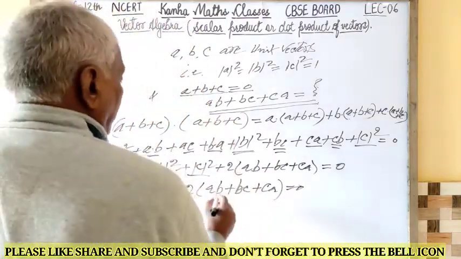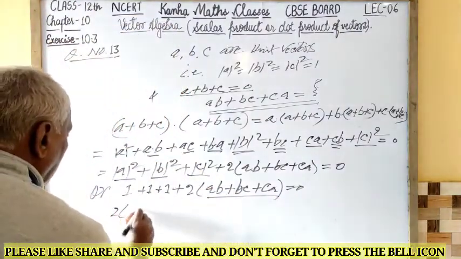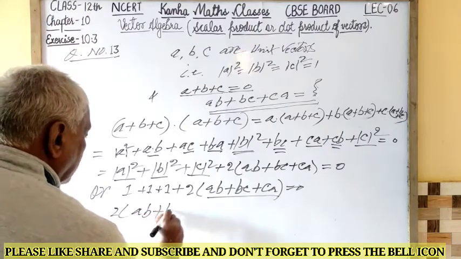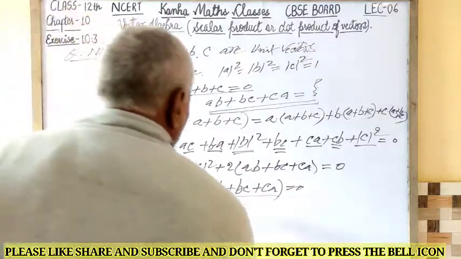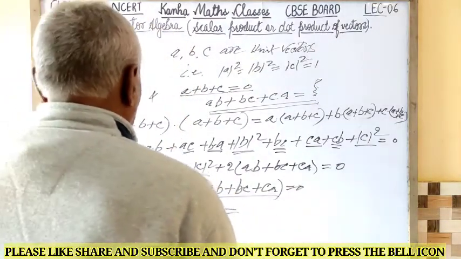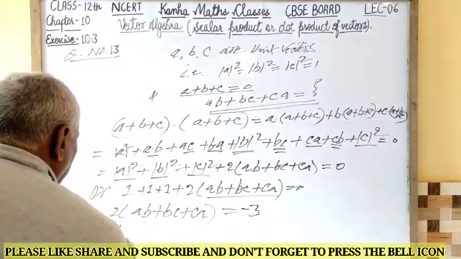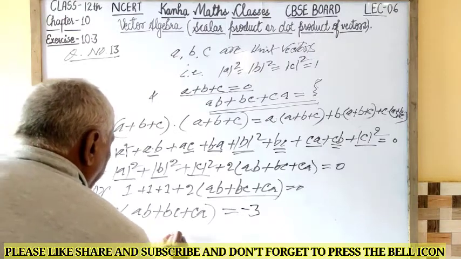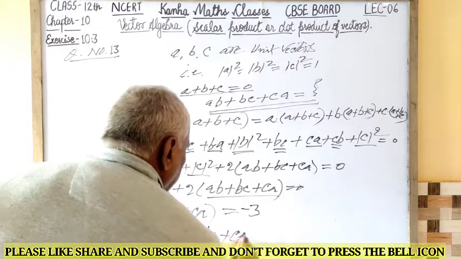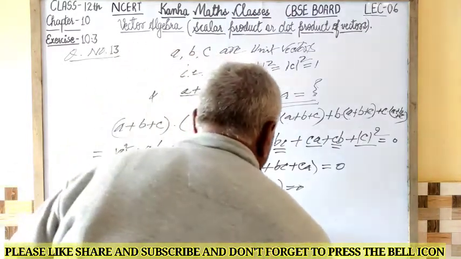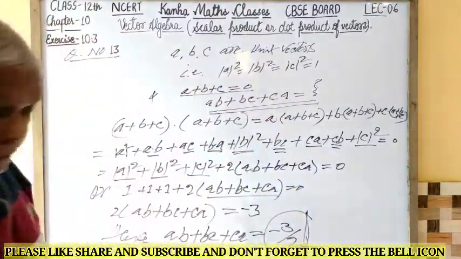Ultimately, we have to find the value of A.B plus B.C plus C.A. Now, 2(A.B plus B.C plus C.A) is equal to minus (1 plus 1 plus 1), that is minus 3. Hence, A.B plus B.C plus C.A is equal to minus 3 by 2. This is the requisite value you had to find.